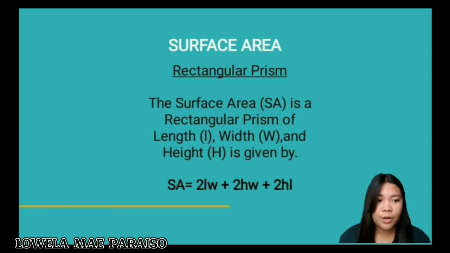Surface area of a rectangular prism. The surface area of a rectangular prism of length, width, and height is given by the formula SA is equal to 2 multiplied by length and width, plus 2 multiplied by height and width, plus 2 multiplied by height and length.